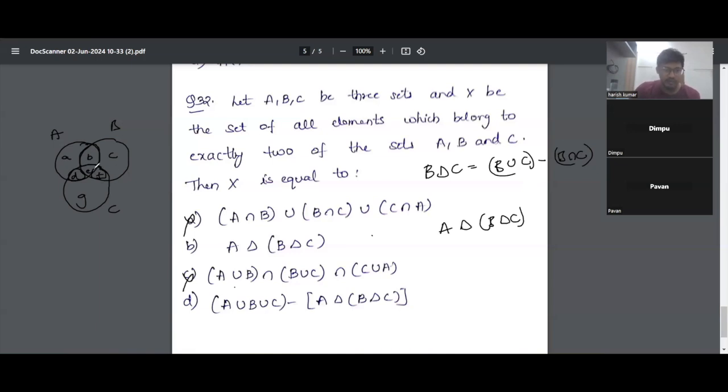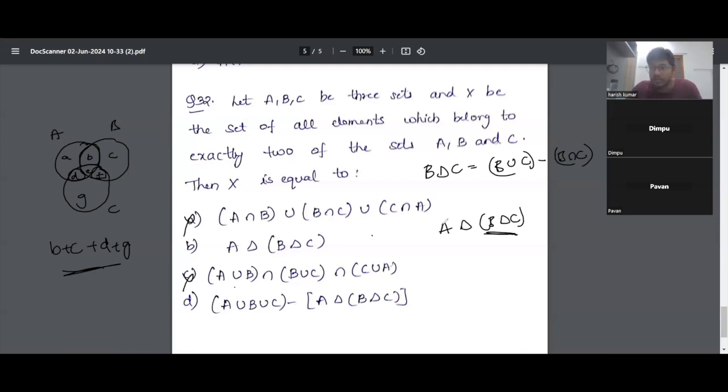What will I end up getting when I remove the common part? I'll get B plus C, plus D plus G. So B plus C plus D plus G is what I'm getting for B delta C.